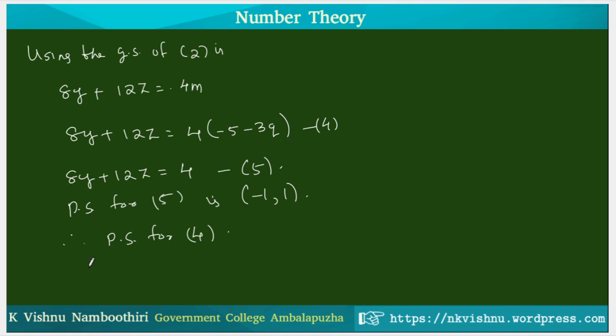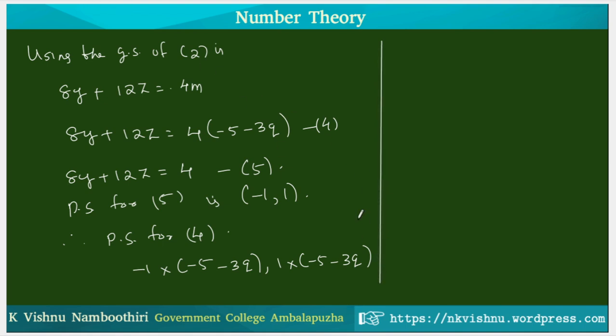So the particular solution is minus 1 into minus 5 minus 3q, 1 into minus 5 minus 3q, that is 5 plus 3q, minus 5 minus 3q.